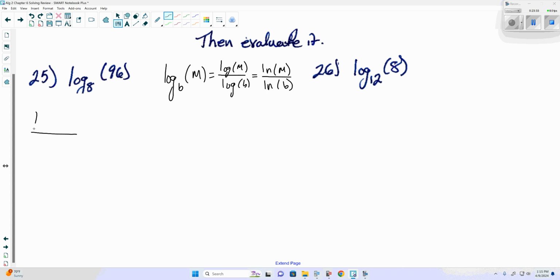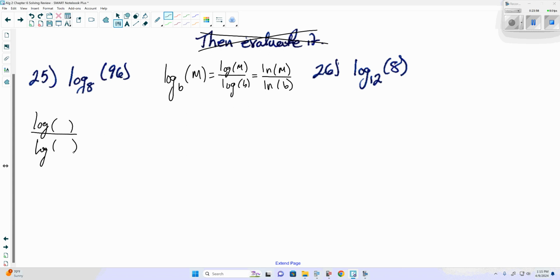We're not going to have to evaluate it at all on the test. I'm looking for you to be able to write it in common logarithmic and natural logarithmic form. When we do this, what's inside the logarithm goes on top, and the base goes inside the logarithm on the bottom.